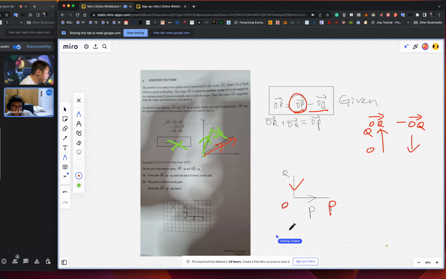So in a way, they say OR, so you need to start from the O. This one is down, then, how? So it must be here.